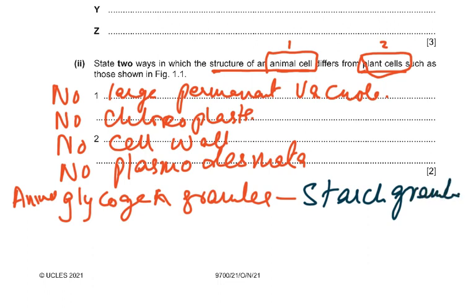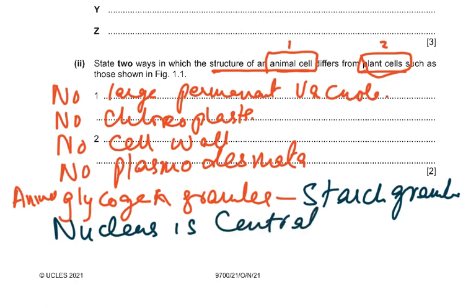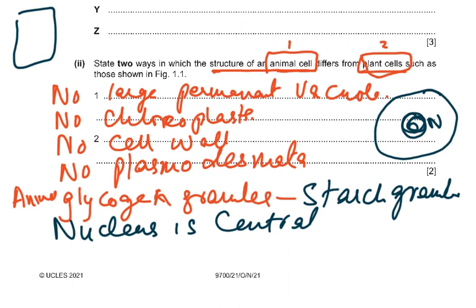Another thing which you could have said is that the nucleus in an animal cell is central. What does that mean? It means that if this is an animal cell, the nucleus is in the center somewhere here. While in a plant cell, because of the vacuole, the nucleus is pushed to the side. So in an animal cell, the nucleus is in the center.